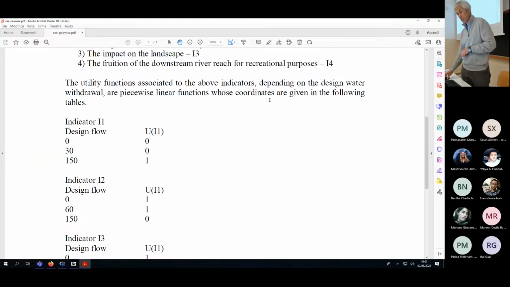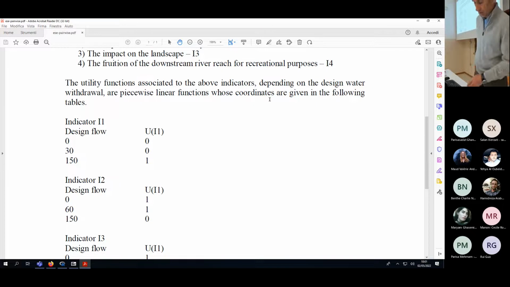Let's read here: the utility functions associated to the above indicators, depending on the design water withdrawal, are piecewise linear functions whose coordinates are given in the following tables. So let's focus on indicator 1, which is economic benefit.